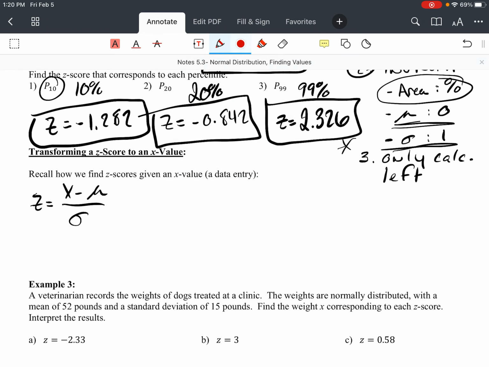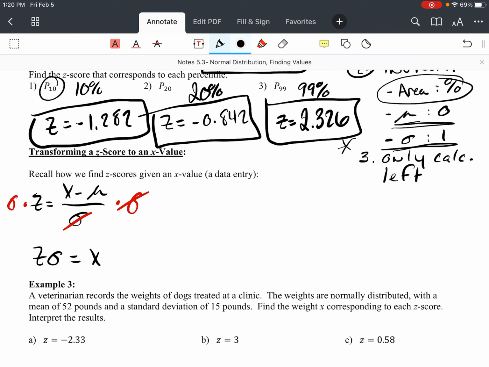Okay. Now, we want to go ahead and solve for x. So given a z value, how can we solve for x? Well, one way that we could do that is by solving this equation here for x. I'm going to start by simply multiplying both sides by whatever the denominator is, so multiplying both sides by sigma.